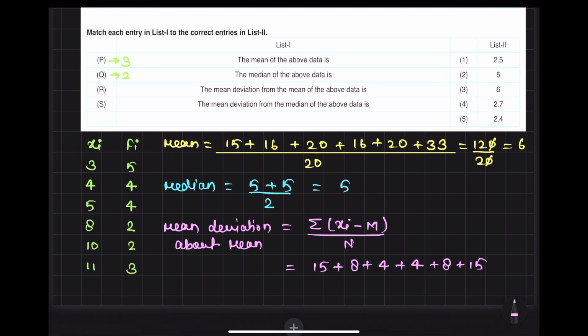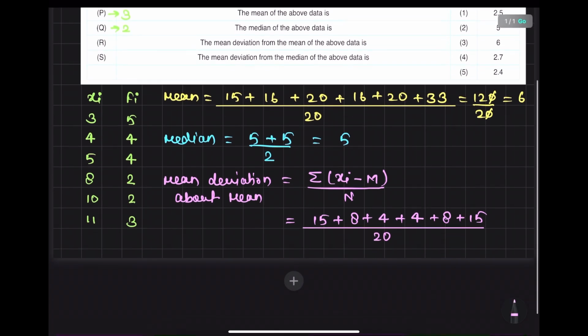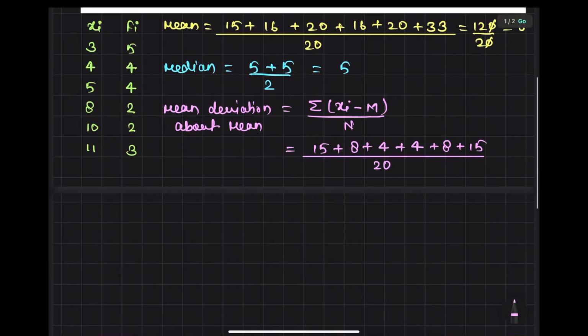So this is your summation of |xi minus mean|. Okay, like we have to subtract this, and we have this 5 times, that's why I have multiplied by 5. Okay, upon 20. Now let's simplify this a little bit more.